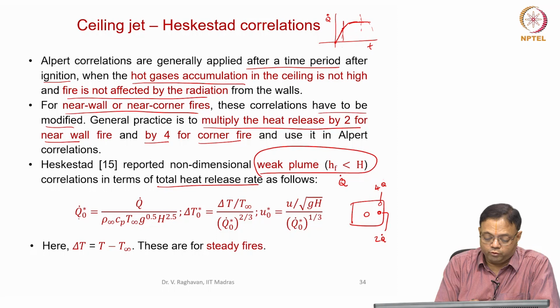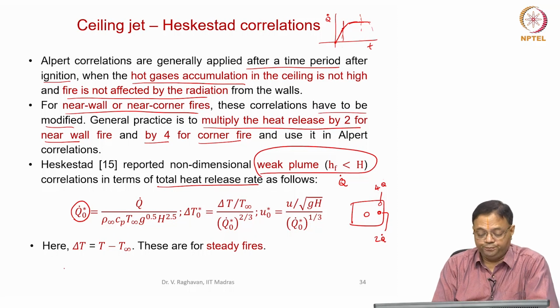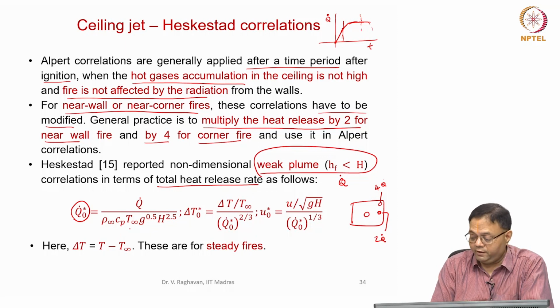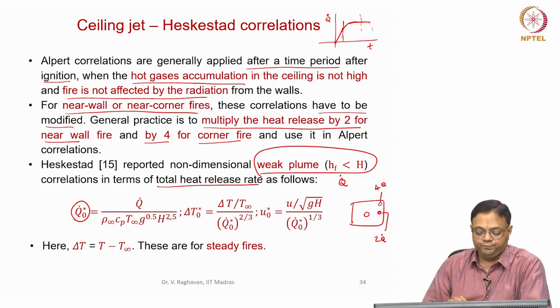First of all, he defines a term called Q dot subscript 0 star, non-dimensional, as Q dot divided by rho infinity Cp T infinity g to the power 0.5 H to the power 2.5.